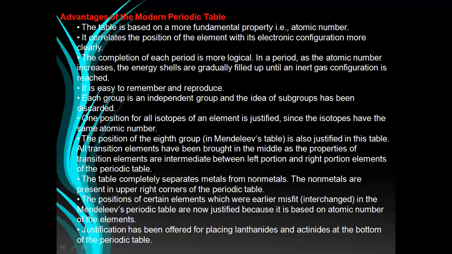It is also justified in the modern periodic table because these are placed at the bottom of the modern periodic table. But Mendeleev's table does not have the lanthanides and actinides. So these are the advantages of the modern periodic table.